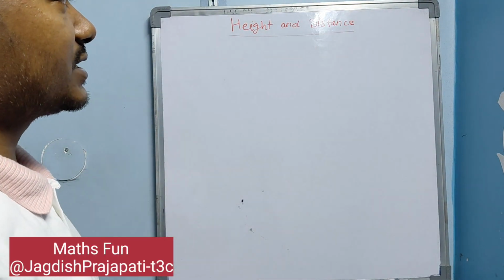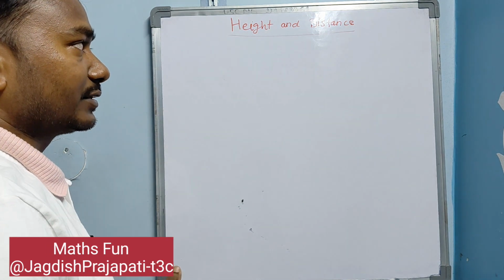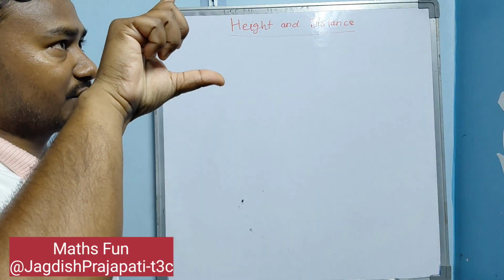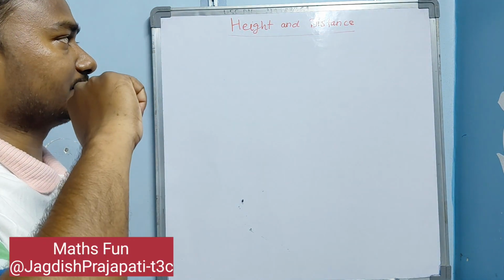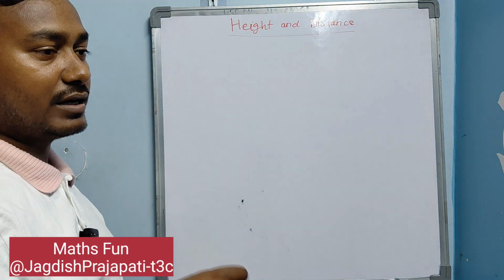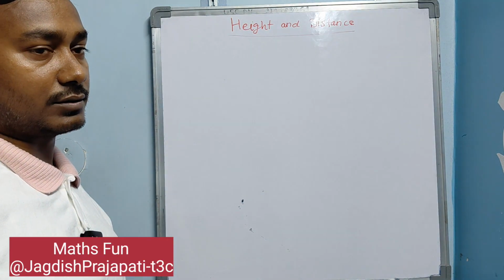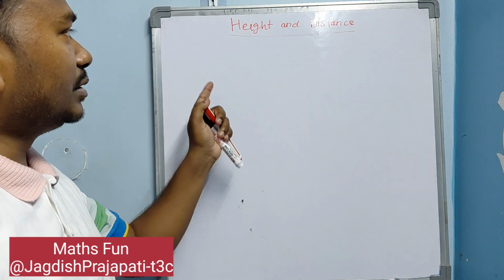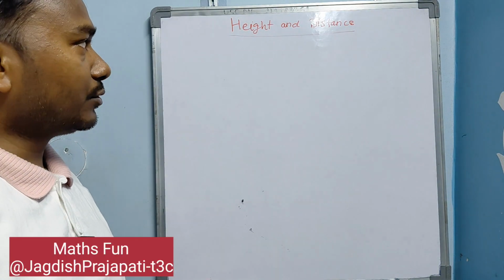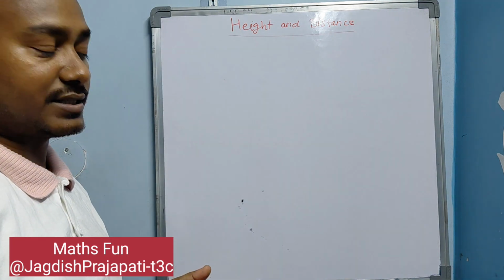This is one application of trigonometric ratio in order to find the height of a tower or a flag, anything, and the distance between a moving object on the ground with respect to a situated tower. So before we start height and distance, let us know some terms related to it.